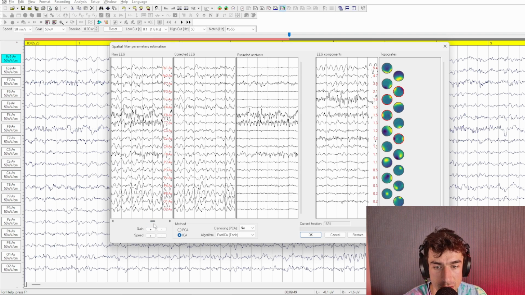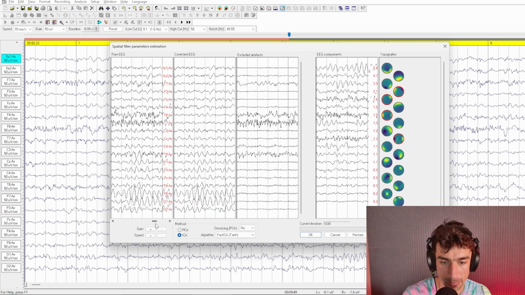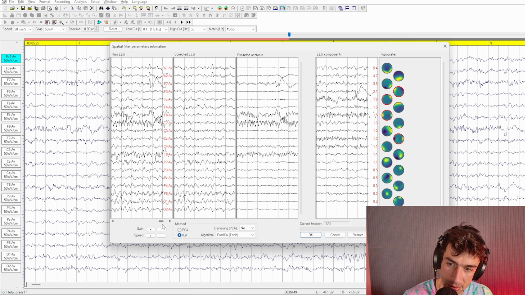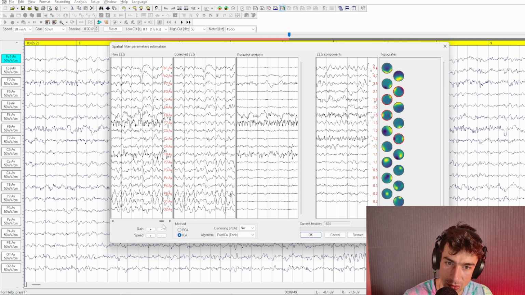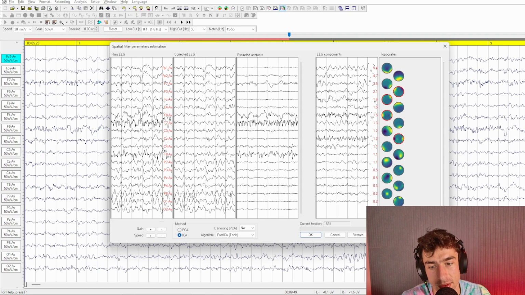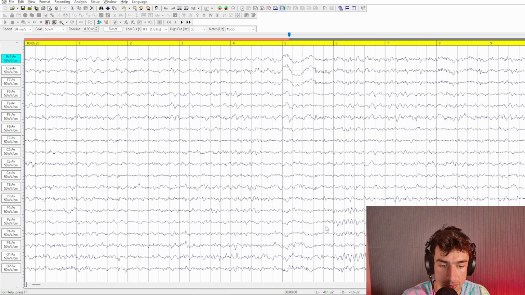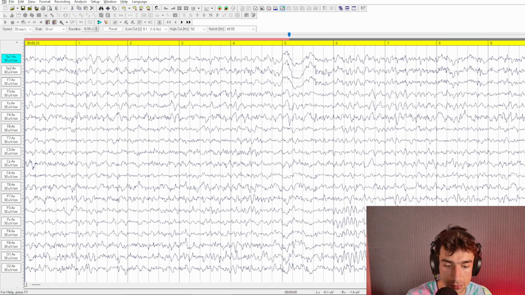So I'm just scrolling through to make sure that we didn't remove real stuff. And I can see that F7 has some squashing of what's happening, but not significantly. And here's some eyelid flutter that didn't come out.